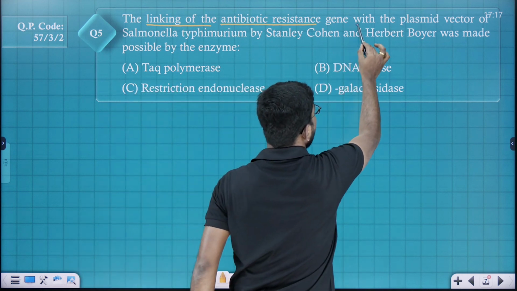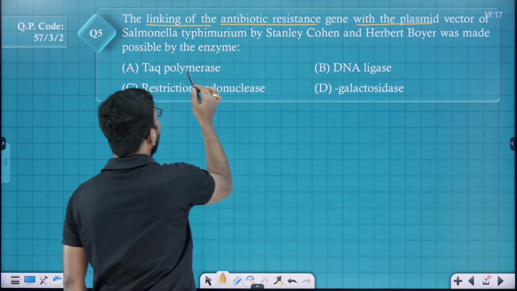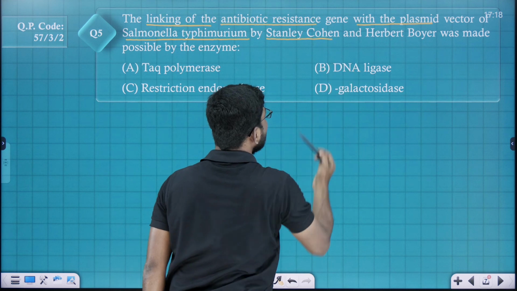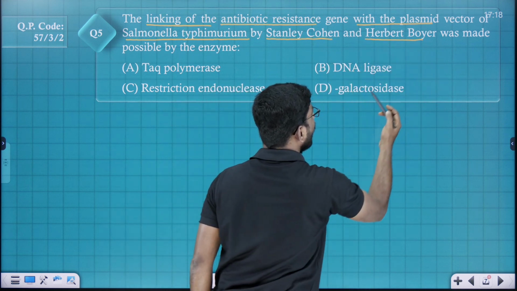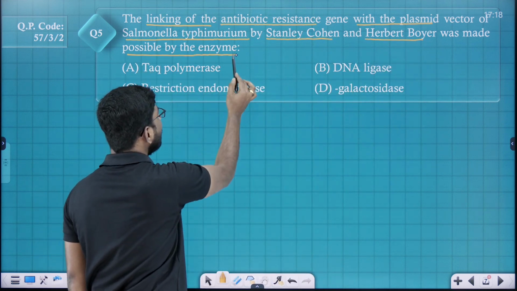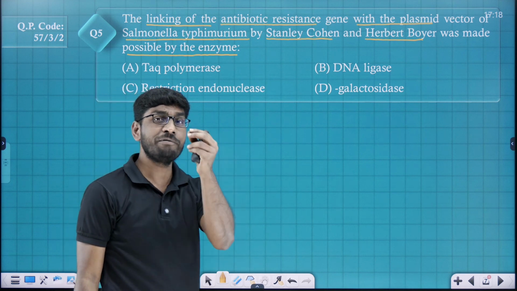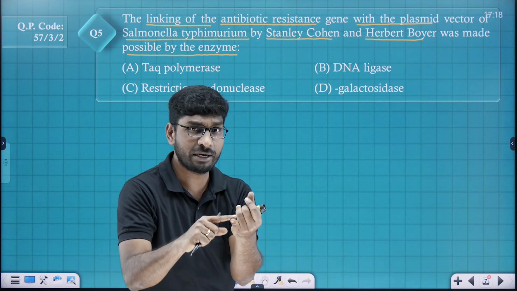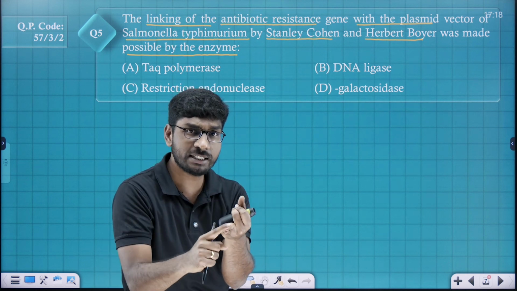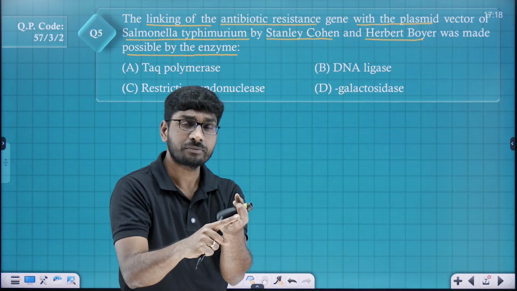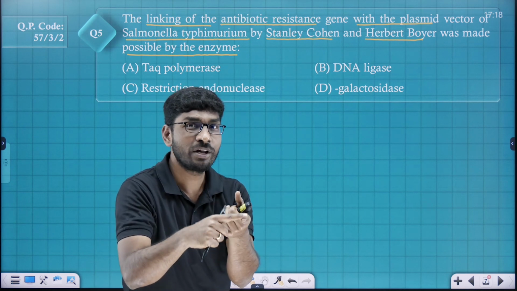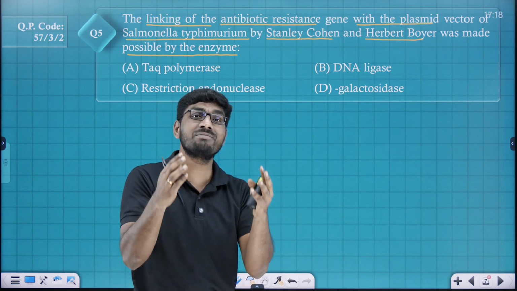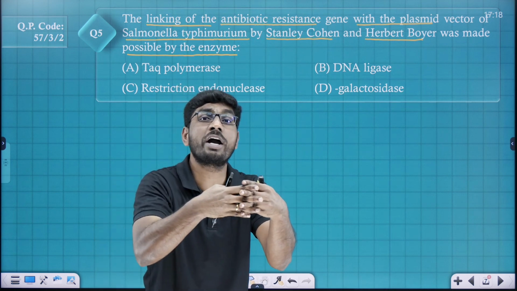Linking of the antibiotic resistant gene with the plasmid vector of Salmonella typhimurium by Stanley Cohen and Herbert Boyer was made possible by the enzyme. Simple. If you are able to recall the key tools of biotechnology: polymerase enzymes, restriction endonuclease enzyme, vector, ligase enzyme and host. So ligase enzyme is like a glue, used to join the DNA particles.